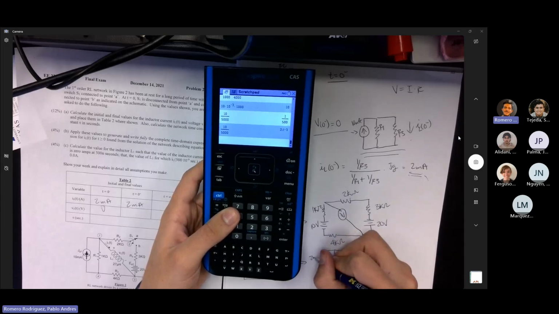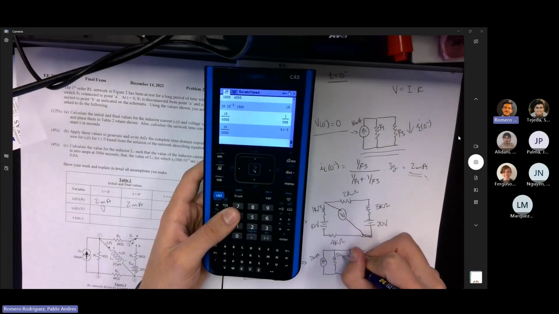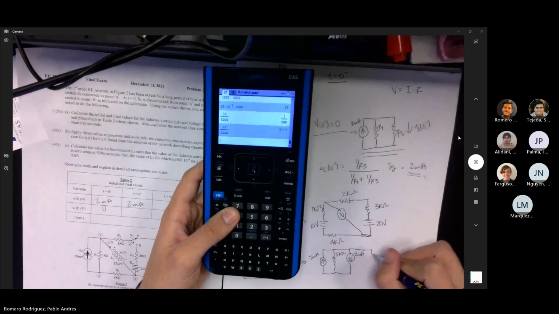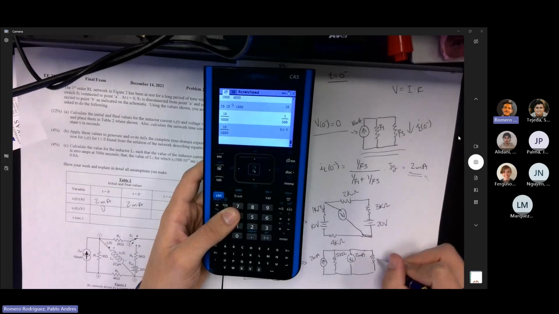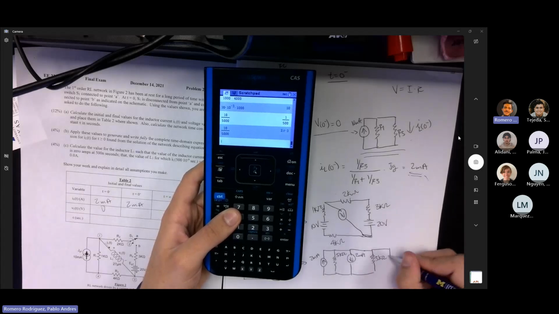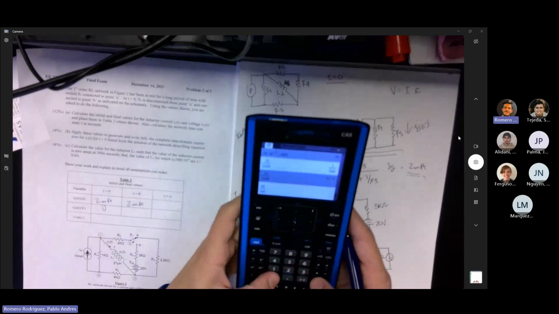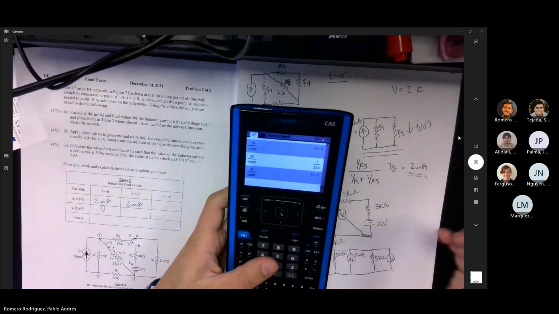So this is 2 milliamps. This is 5K ohms. This is 2 milliamps. This is going to be 5K ohms, and I'm going to have to find whatever this voltage turns into. So 20 over 5,000, 4 milliamps.